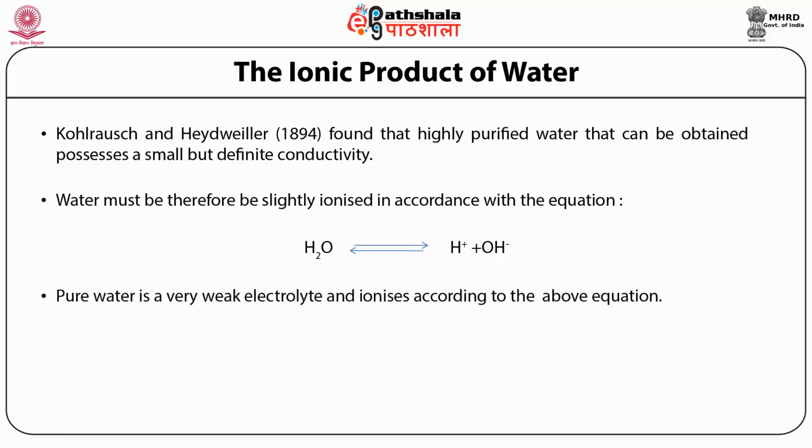Pure water is a very weak electrolyte and ionizes according to the above equation. Since water is only slightly ionized, the ionic concentrations will be small and their activity coefficients may be regarded as unity. The activity of the unionized water molecules may also be taken as unity.